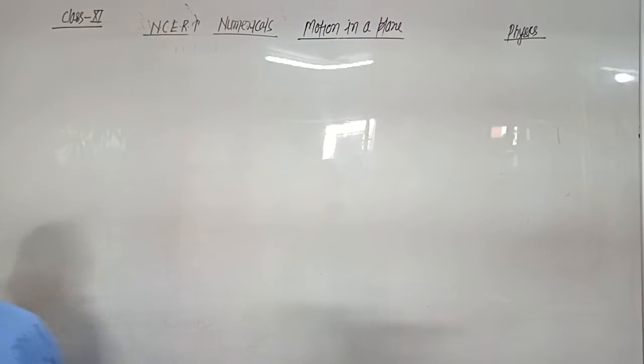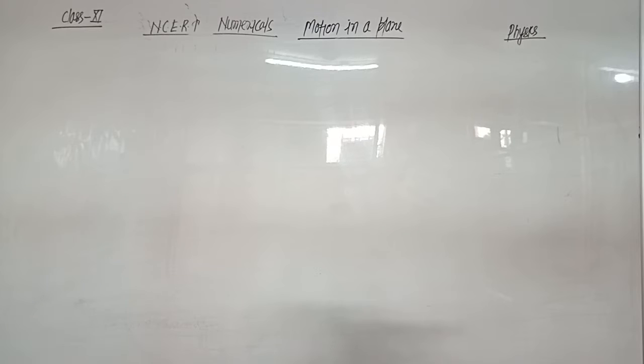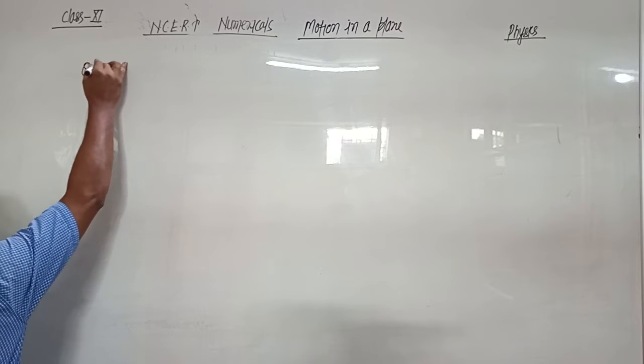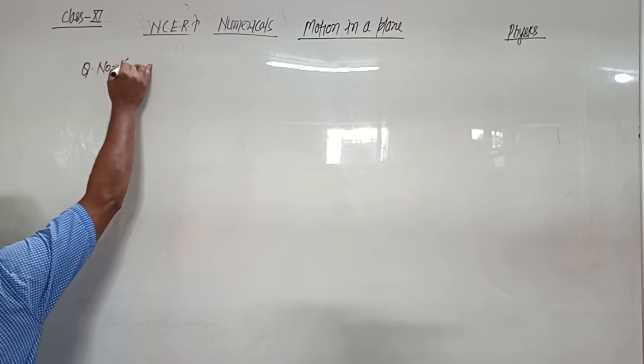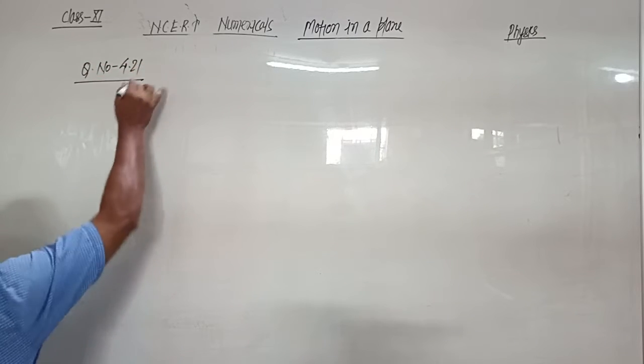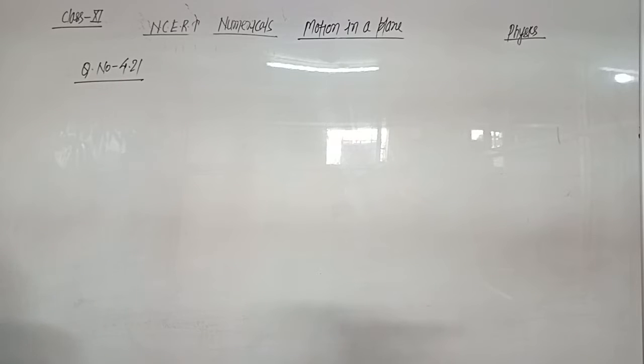Now we discuss question number 4.21. This is also important. A particle starts from the origin at t equals 0 seconds with a velocity of 10 j meter per second.